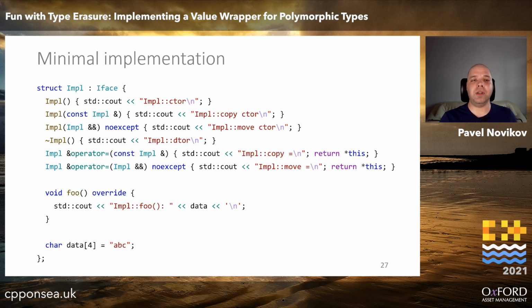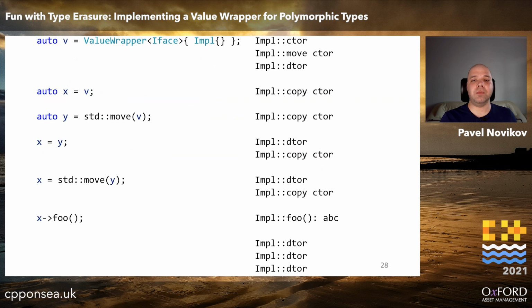To illustrate how it works, we have this dummy implementation that does nothing useful and just outputs some text to the console. If we write the code on the left, we can get the output like on the right, and all the operations work, even though we defined only copy construction and copy assignment, without move special methods.